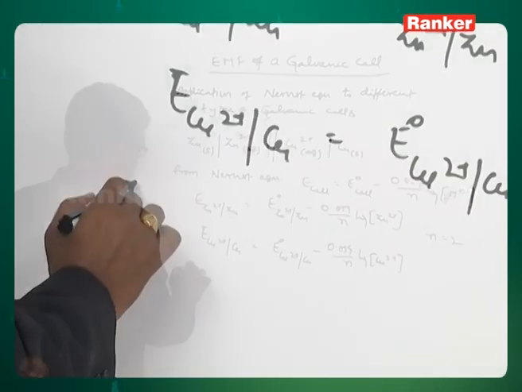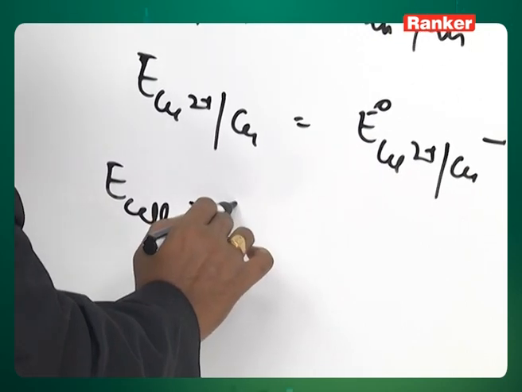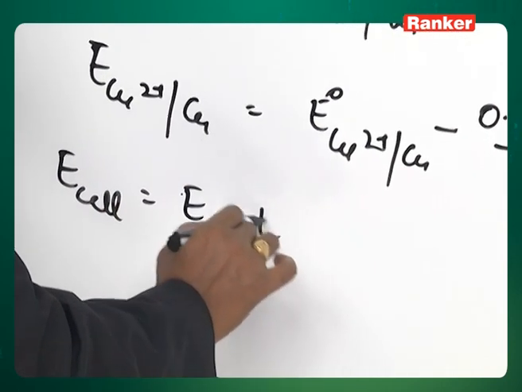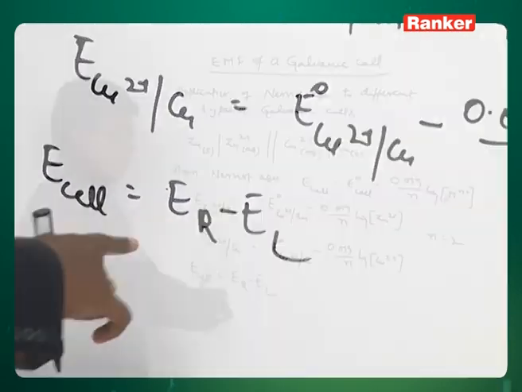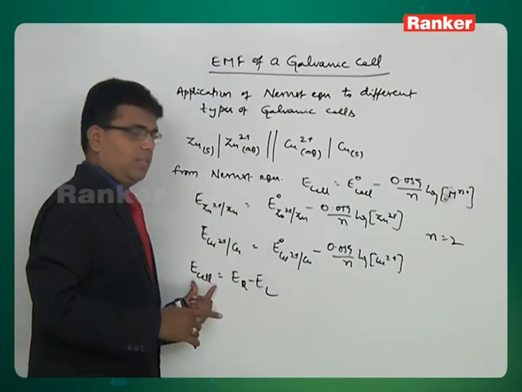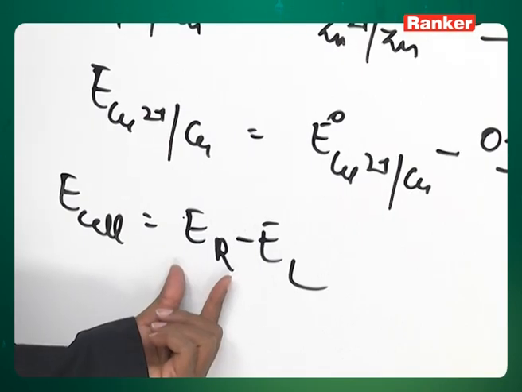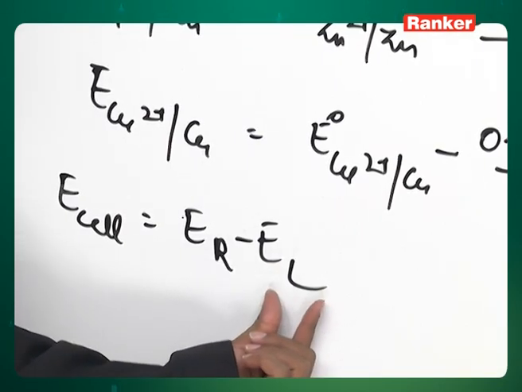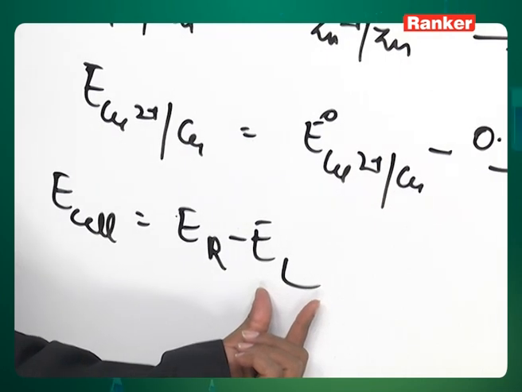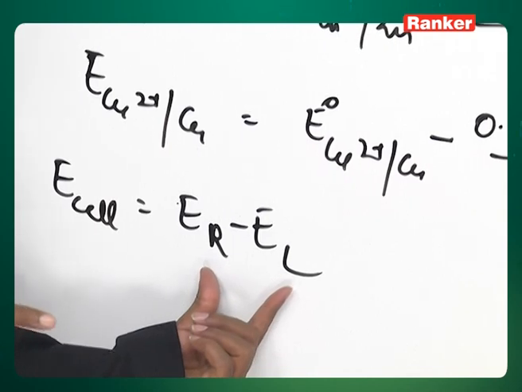Now, overall E cell is equal to Er minus El. Overall in a galvanic cell, cell EMF is equal to the EMF of the right hand electrode, that is the reduction electrode, minus the EMF of the left hand electrode, that is the oxidation half cell. So, E cell is equal to Er minus El.